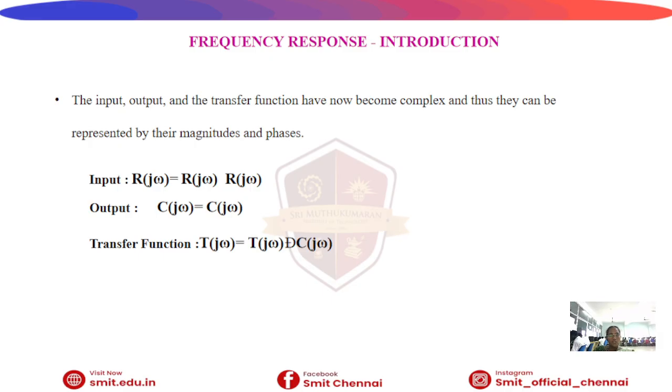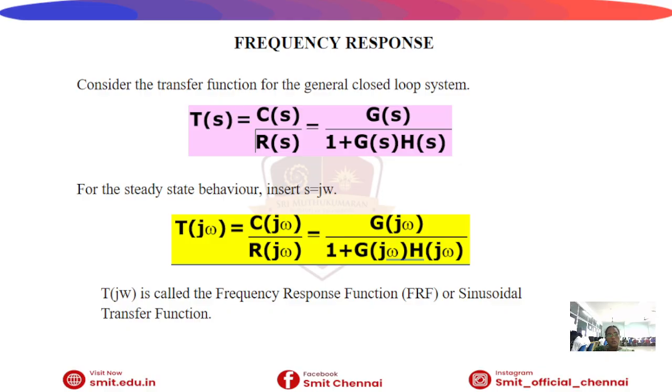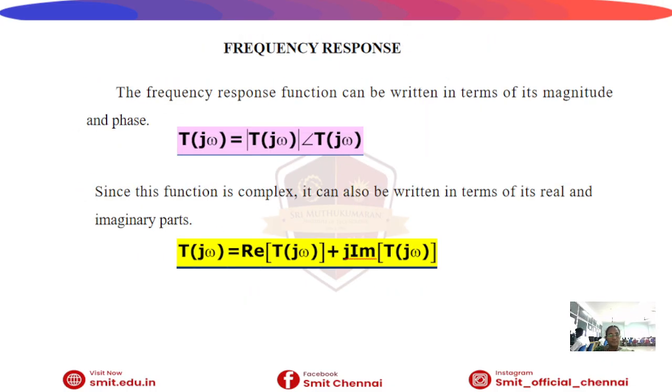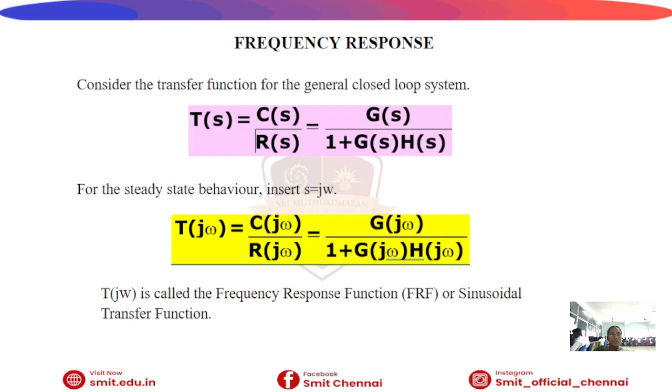Frequency domain representation. By substituting s equal to j omega, the transfer function becomes T of j omega. This is called the frequency response function. It is a complex function and can be expressed in magnitude and phase form, or real and imaginary parts.